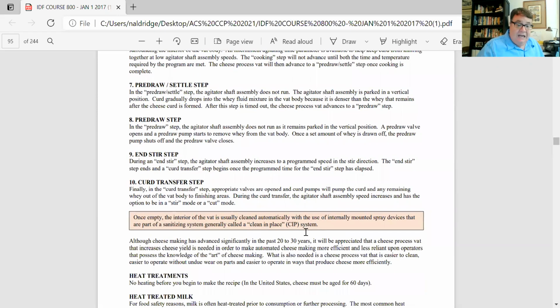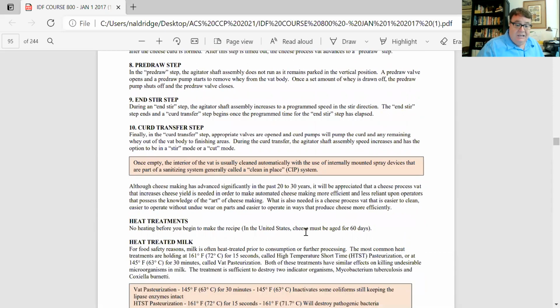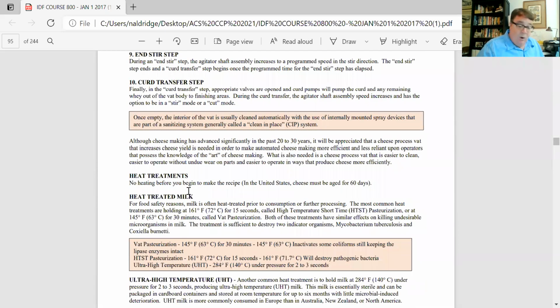95, we're going to continue down to where we get heat treated milk. That's important for us to know. And you'll see, like why did I highlight that? Because the next sentence starts with, for food safety reasons. Again, if you're reading through any of this and you see a statement like that, food safety, highly important. Read through that.